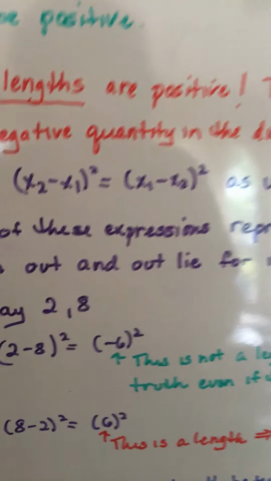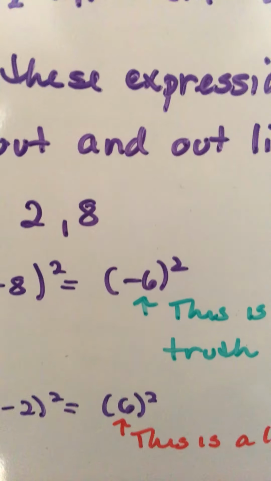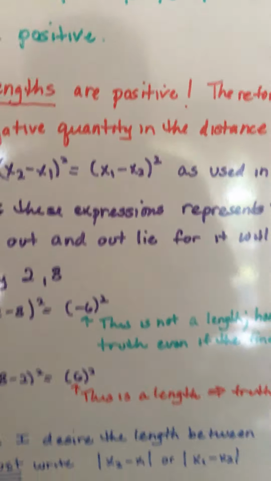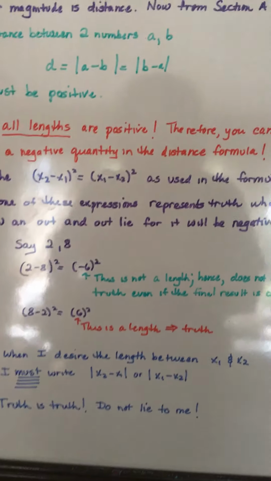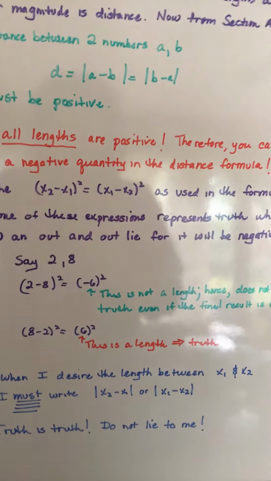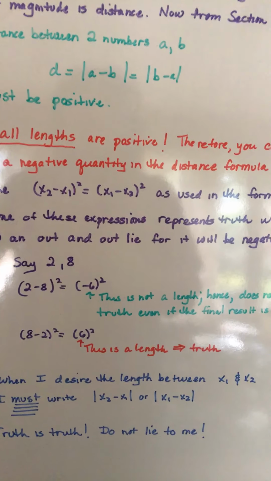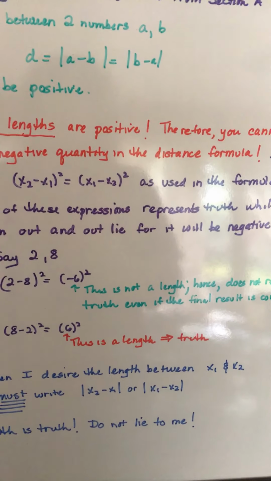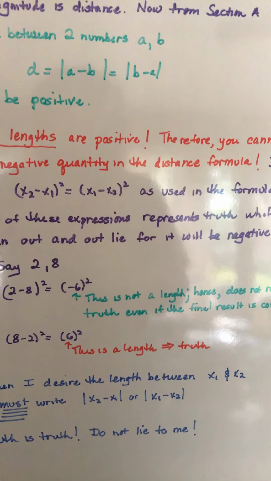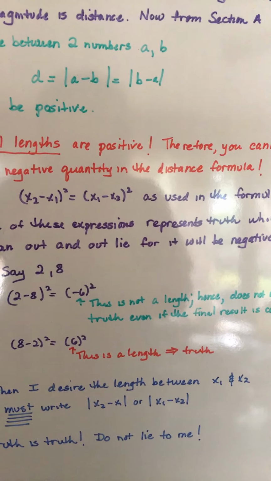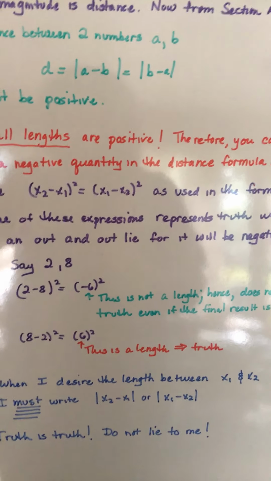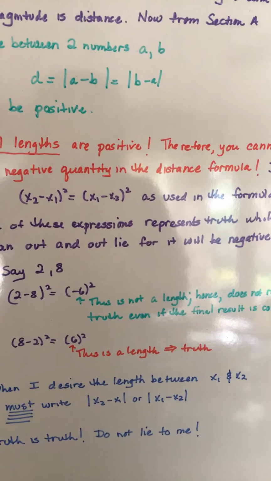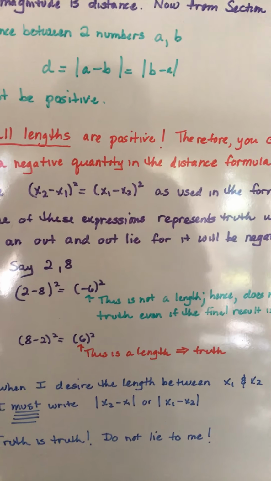But why I loathe this originally is that you turkeys, when you go to square negative 6, you'll do it on your calculator without a parenthesis and you get negative 36 and you start whining, oh, negative 8 squared is negative 64, negative 5 squared is negative 25. No way, no how, no time. A negative 5 when I square it is still a positive 25. A negative 8 when I square it, negative 8 times negative 8, is still 64.